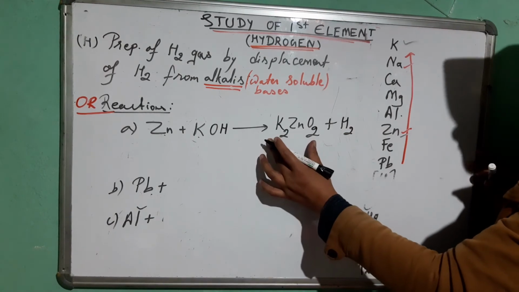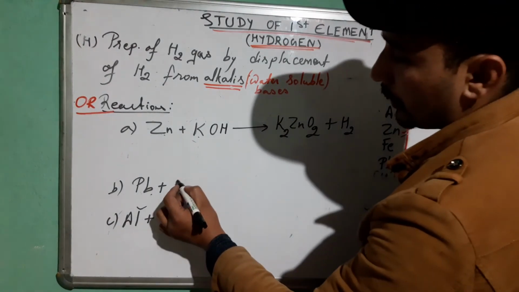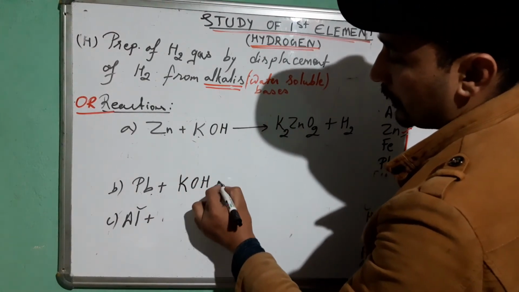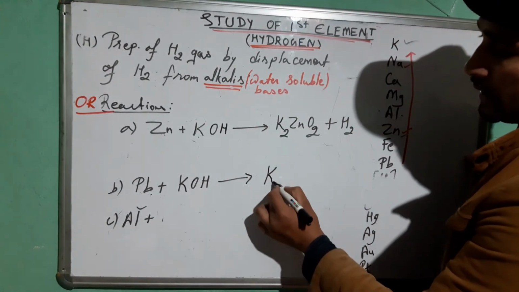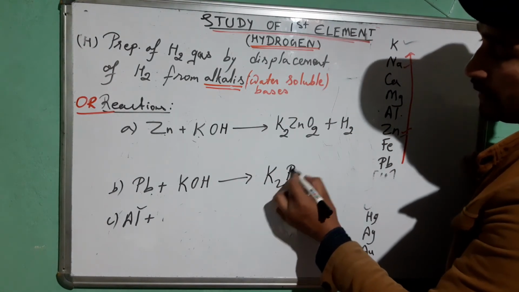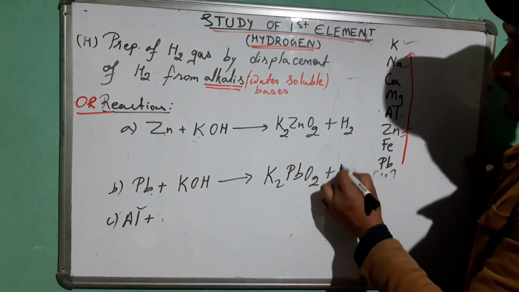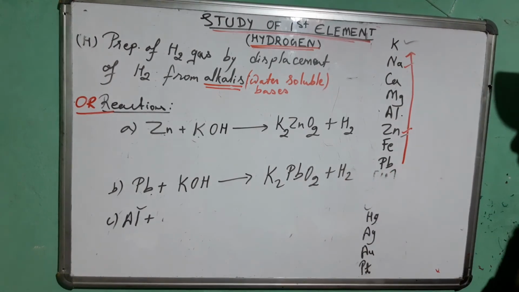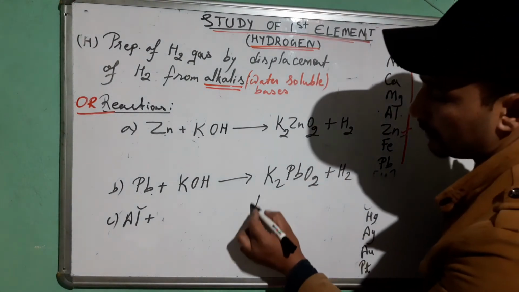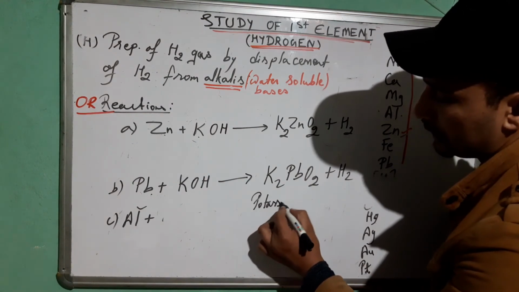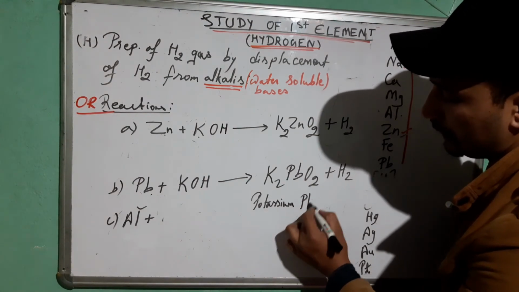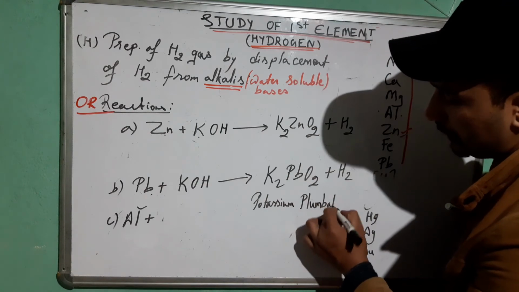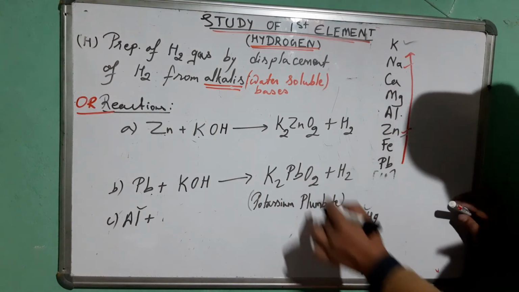This is potassium zincate. Pb plus KOH also gives a similar type of reaction: potassium plumbate, K2PbO2, plus hydrogen gas. This is potassium plumbate.